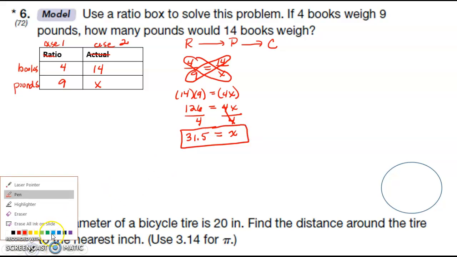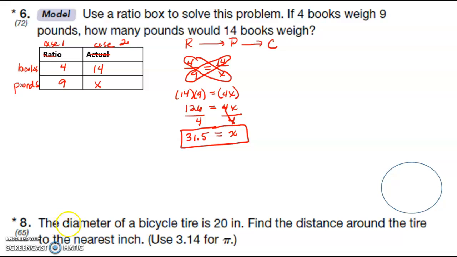I change colors here. Number 8 says the diameter of a bicycle tire is 20 inches. So if I have a bicycle tire, my diameter is equal to 20 inches. Find the distance around the tire to the nearest inch. So the distance around the tire is the circumference, and I can use my pi d formula.